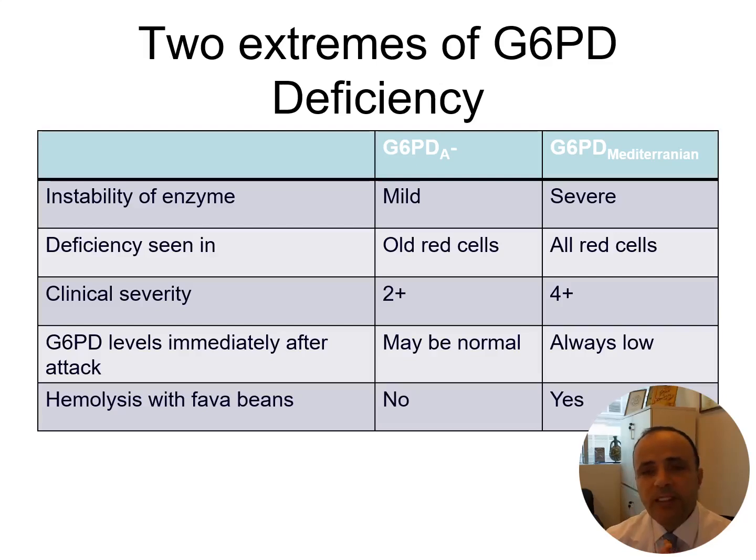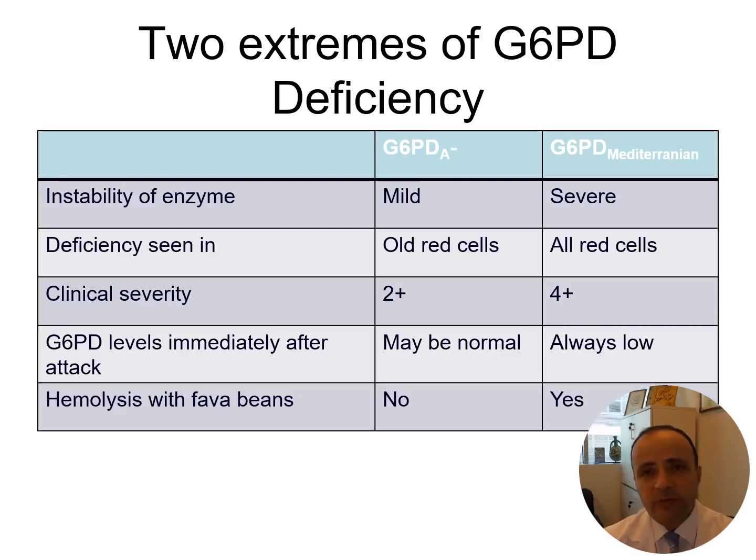And the G6PD level is important. To diagnose this, we measure the G6PD level in the patient. So somebody comes to you, you suspect G6PD deficiency, a hemolytic process, you can measure the G6PD level. In the African type, the older cells have died, and these are the cells that have lower G6PD.